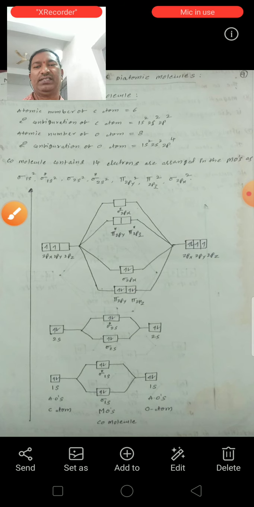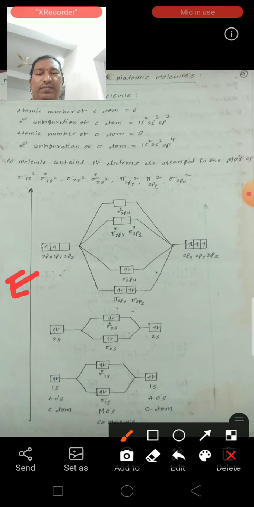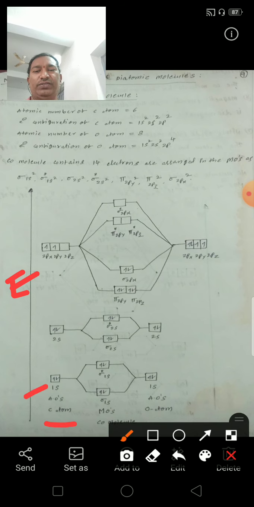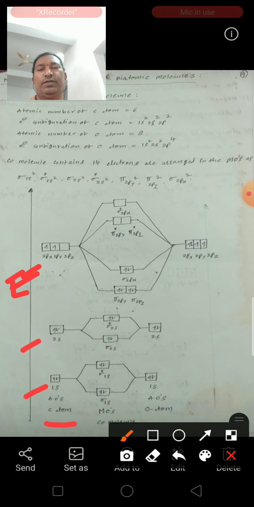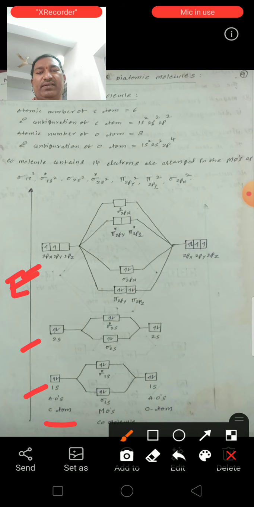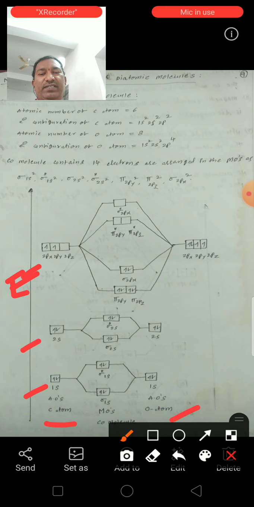So you can see here, this is the molecular orbital energy diagram. This is the energy level. This is the carbon atom. The carbon atom electronic configuration is 1s2, 2s2, 2p2, so here 2px1, 2py1, 2pz0, total 6 electrons. These are the atomic orbitals of carbon. The next atom is oxygen.